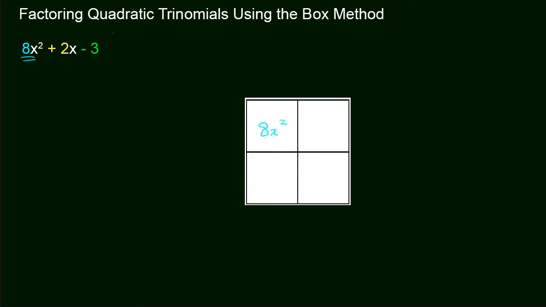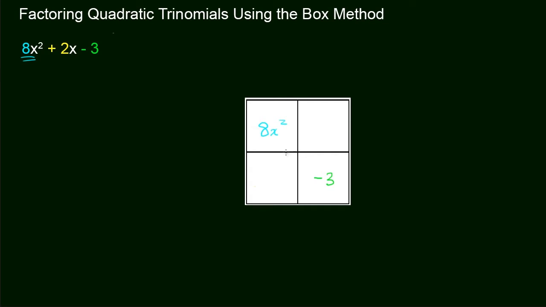My constant -3 will always go in the bottom right box. Those will never change. Top left is your leading coefficient, bottom right is always your constant. These two boxes will depend on what terms we break the positive 2x into.